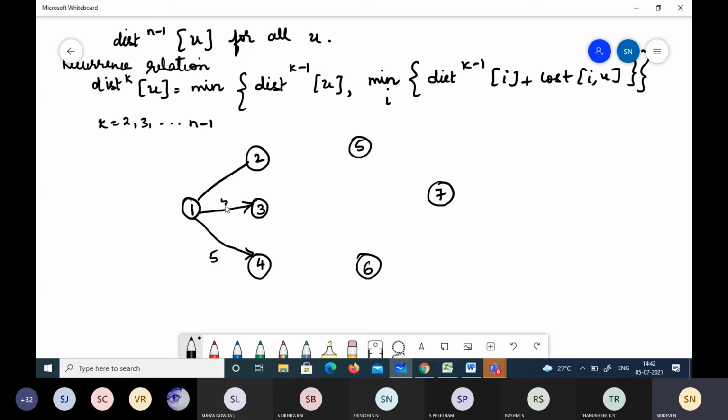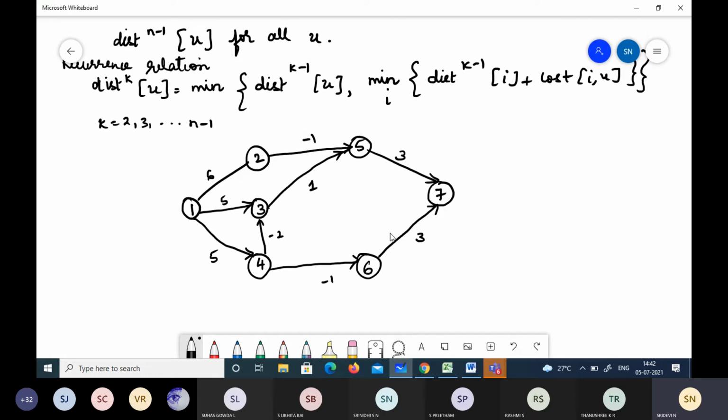As I said, Dijkstra's will not work for negative edges, so Bellman-Ford works for negative edges as well. We have 3 to 5 with weight 1, and then this negative edge again, 4 to 6 again a negative edge, and 5 to 7 with weight 3.